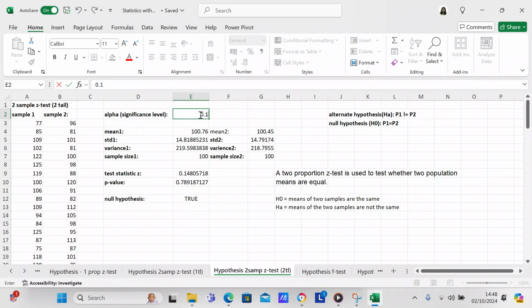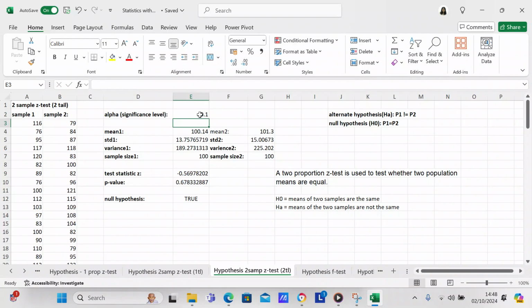Change it to 0.1. Again, you've got very high p-values. Mean 1 is 100.14, mean 2 is 101.3, so it's not too bad. So what we could do, if we wanted to, is change the samples, like make one sample different than another, and that would give you more information.